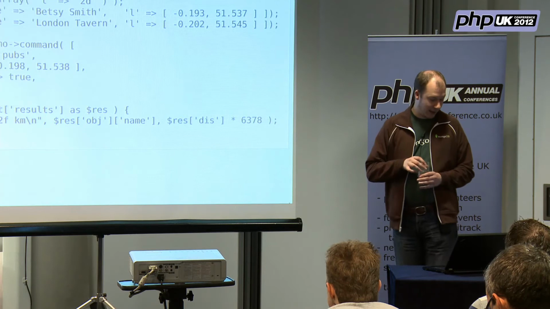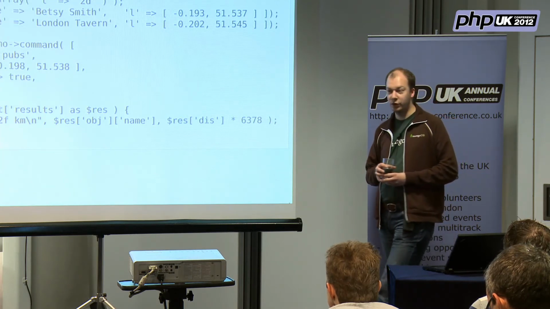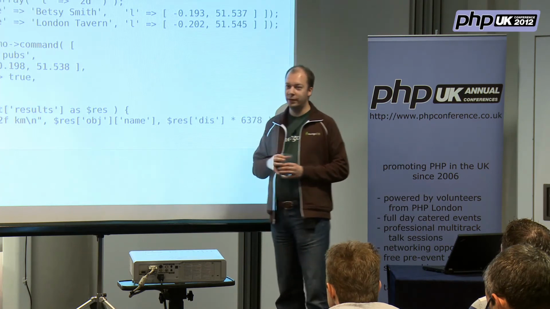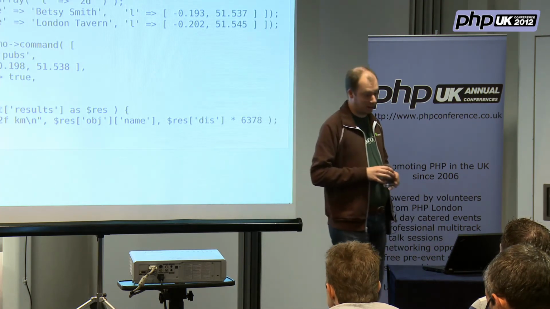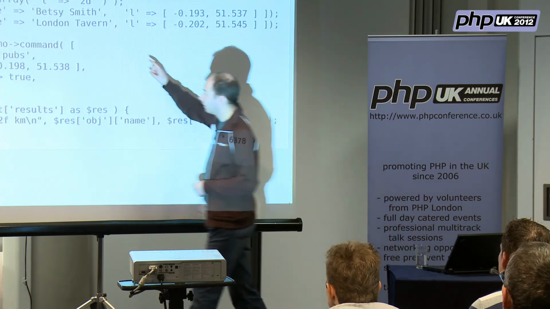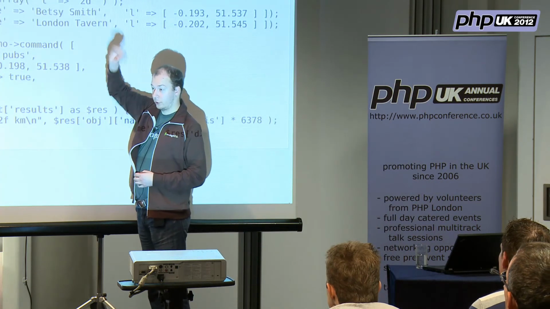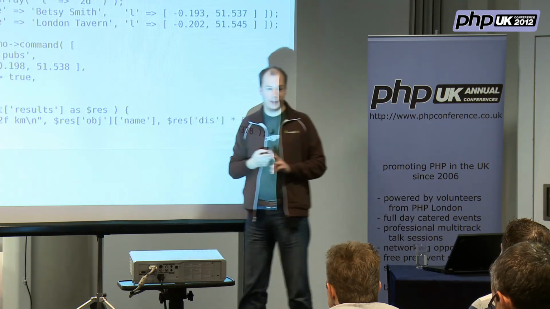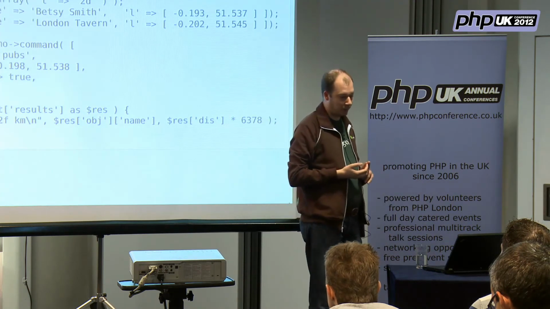There's also something called a 2D index, which is very useful for finding pubs or other geospatial data, mostly pubs. Really. And you do that by creating a 2D index. So instead of using 1 or -1 for the sort direction, you use 2D as a string, which makes it a 2D index.